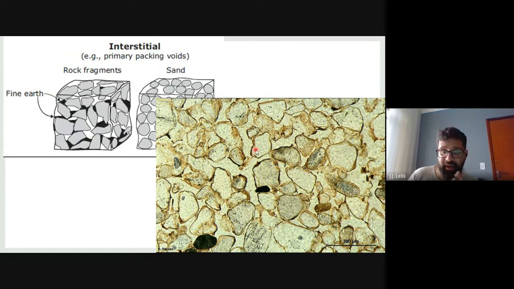So this is a kind of void formed in materials that have a sandy texture, or have incipient weathering and present only coarse materials like rock fragments in this specific case.